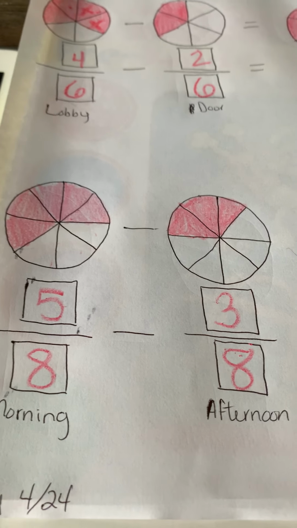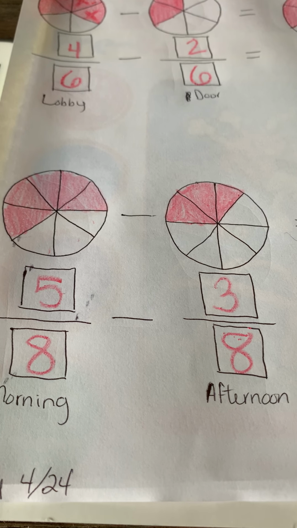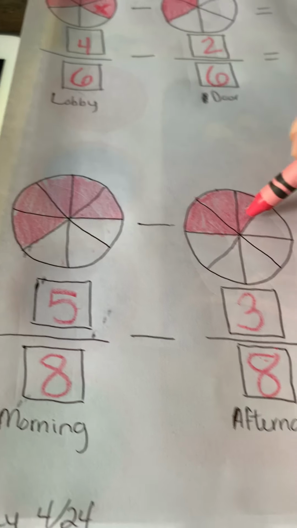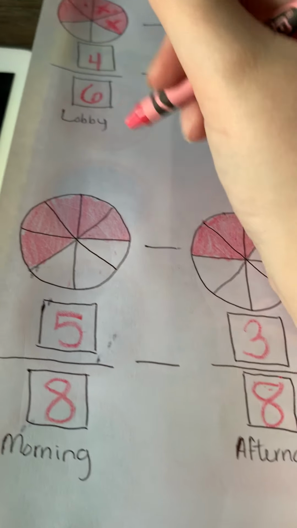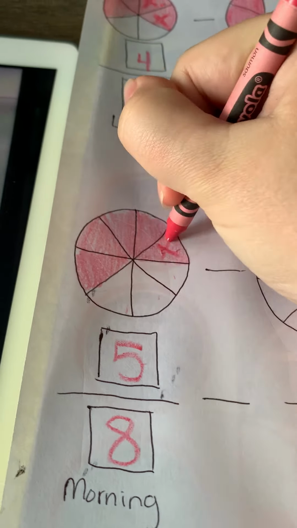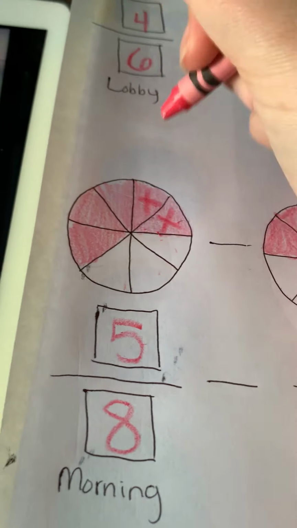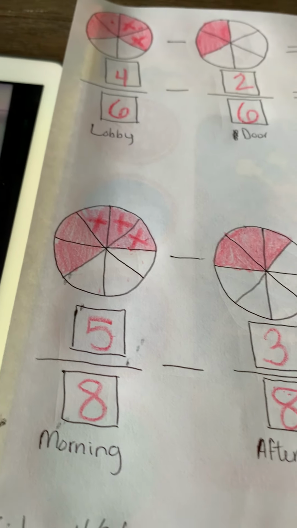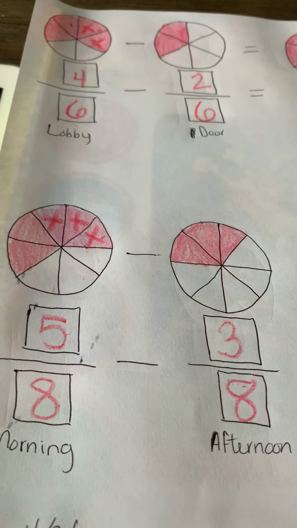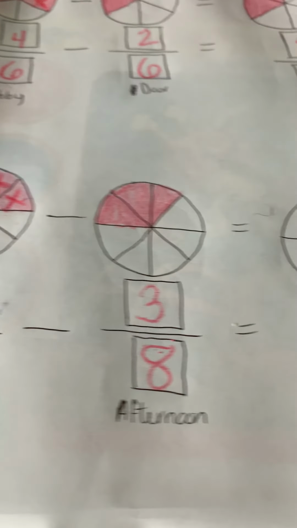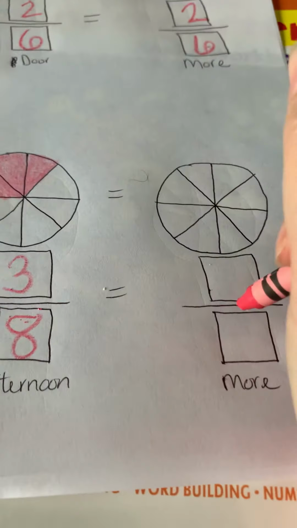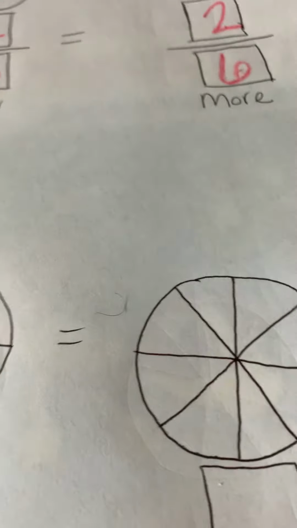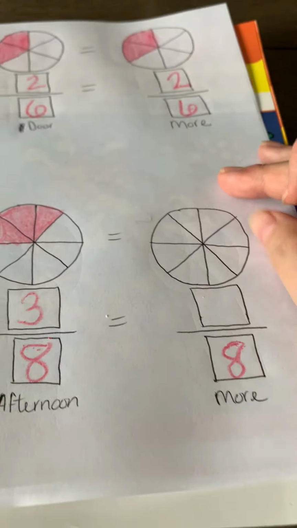So now what we have to do is we have to subtract these. Since they want to know how many more he did in the morning, we're going to take these 3 and put an X on 3 over here so we know not to count those. Okay, so now we're going to bring our 8 down here on the bottom. Oh, my paper's moving. So bring our 8 down.